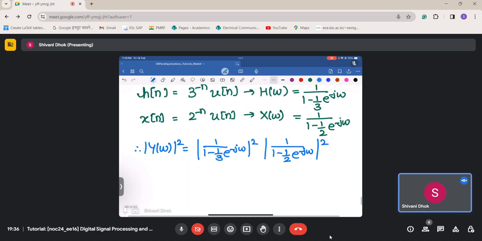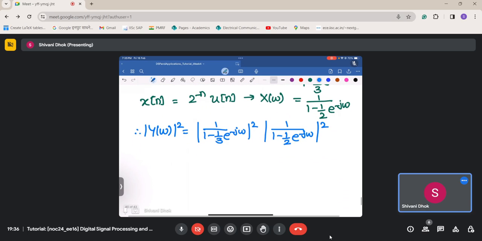Now again we'll try to simplify this. I can write this as 1 upon magnitude of 1 minus 1/3 e^(-j omega) squared into magnitude of 1 minus 1/2 e^(-j omega) squared.